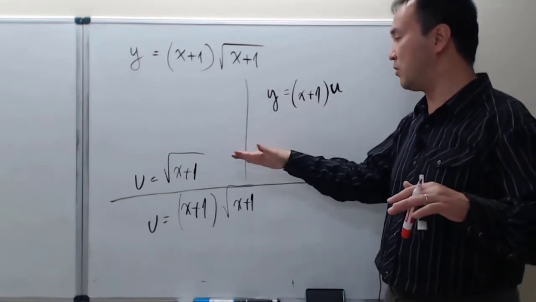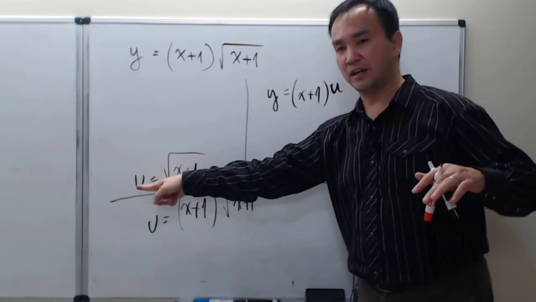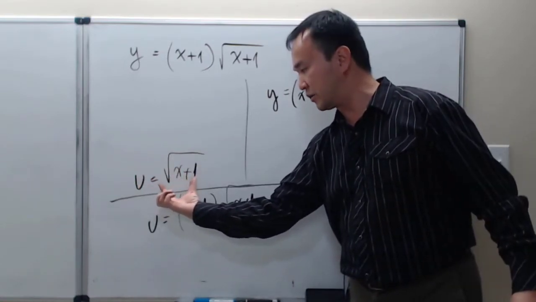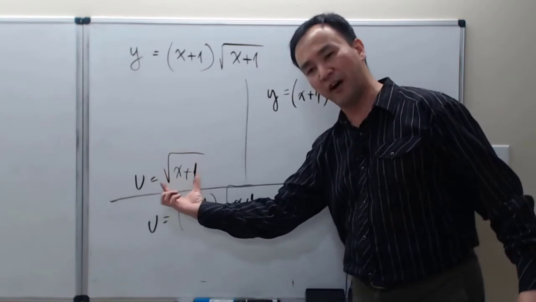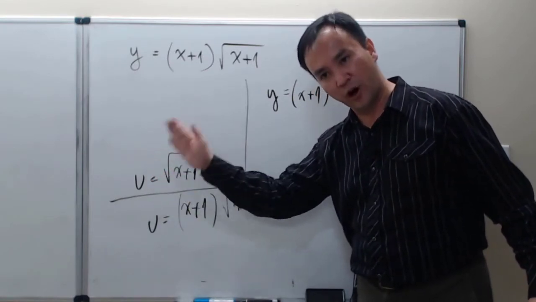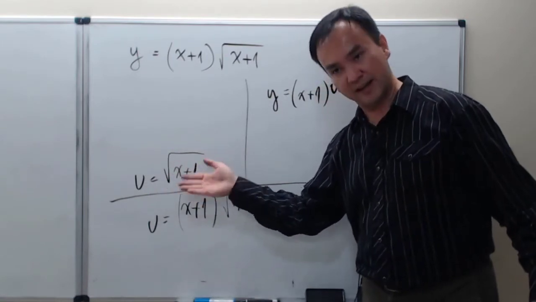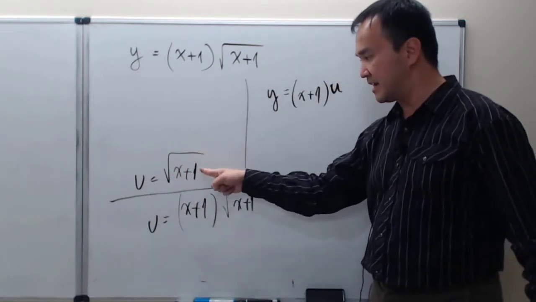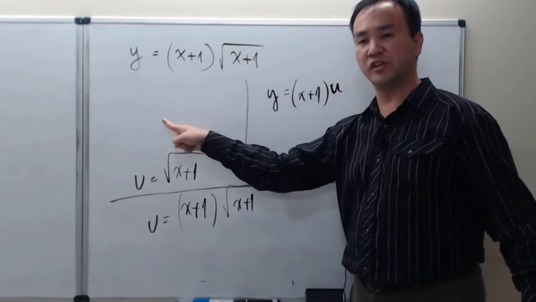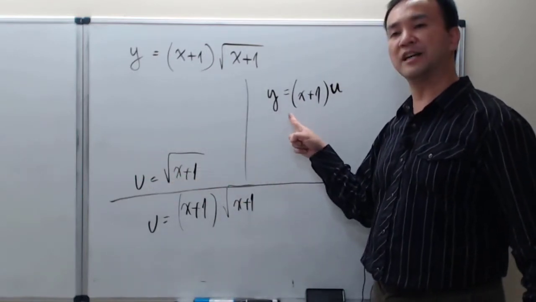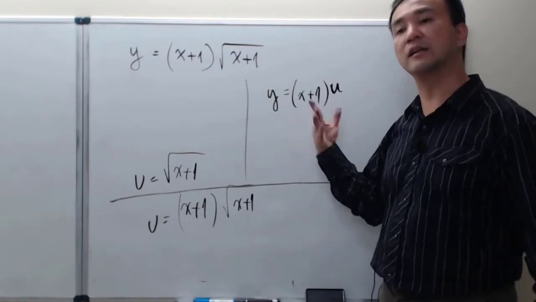Like I said, at the step where you choose your inside function, there's no such thing as a wrong or right inside function. Anything can be chosen as an inside function. What matters is that once you've made your decision to choose your inside function, how are you going to find the outside function to make it clear?